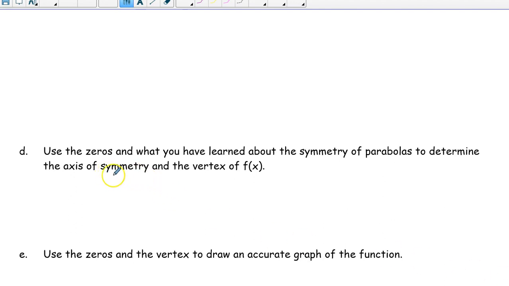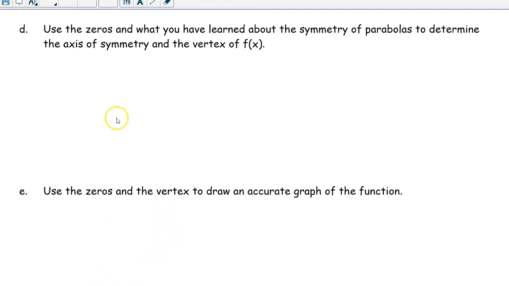Now, use your zeros and what you have learned about the symmetry of parabolas to determine the axis of symmetry and the vertex. Now, what are the two zeros that we have? Just now we saw x is equal to negative 3 and x is equal to 1, right?